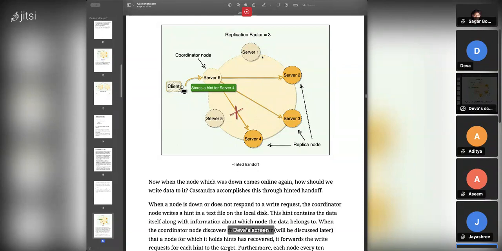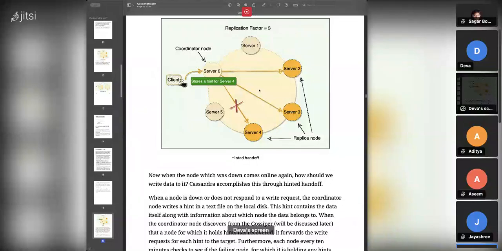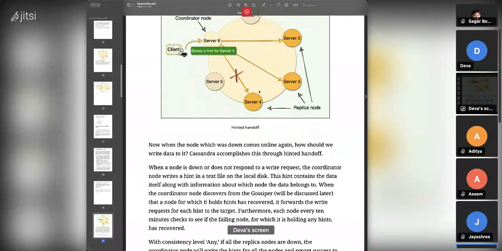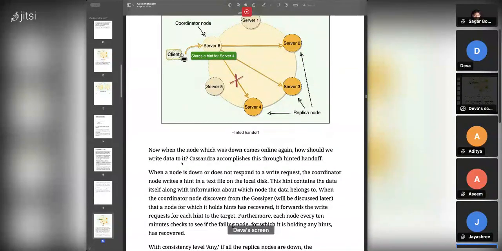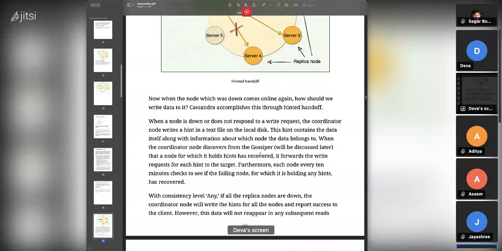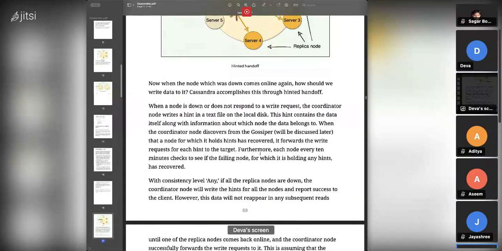Okay. So now when a node that was down comes online again, how should we write data to it? Cassandra accomplishes this through hinted handoff. When a node is down or does not respond to a write request, the coordinator node writes a hint in a text file on the local disk. This hint contains the data itself along with information about which node the data belongs to.